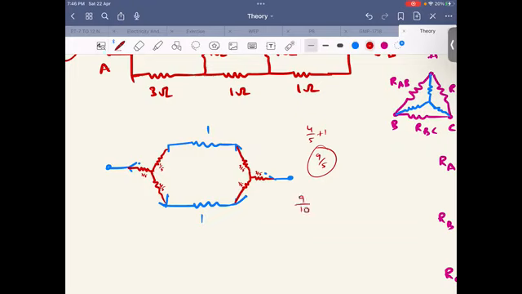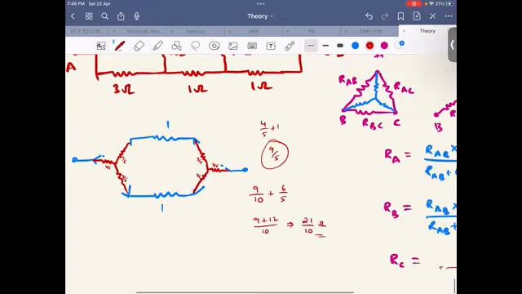Now that entire 9 by 10 is in series with 3 by 5 and 3 by 5, that is 6 by 5. If I take LCM as 10, 9 plus 12, the answer is 21 by 10 ohms. This is the equivalent resistance. Is it clear for everyone?